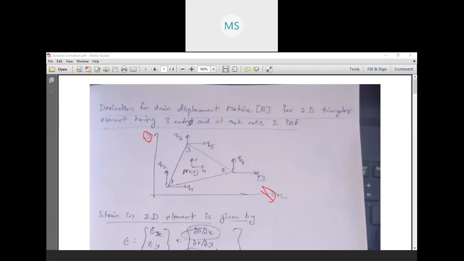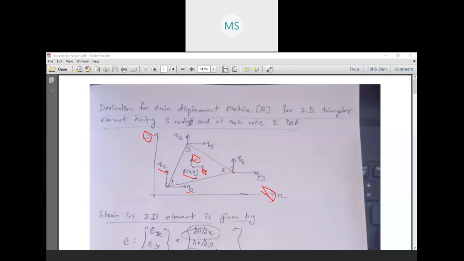Okay, there is some point P whose coordinate is x and y at the center. And the complete displacement of this system in x direction is u and in y direction is v. Okay, so let us see for each node. At node number 1, the displacement in x direction is q1, the displacement in y direction is q2.